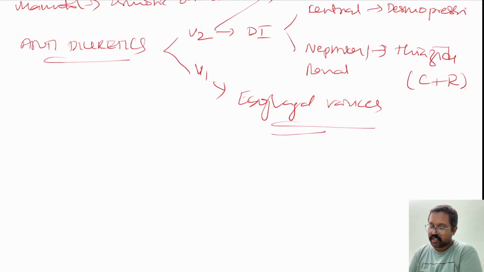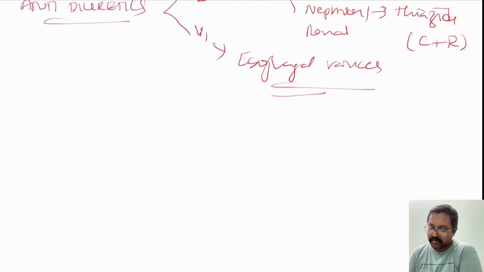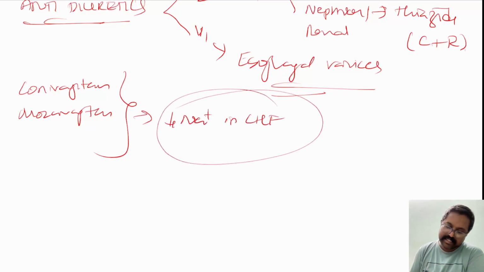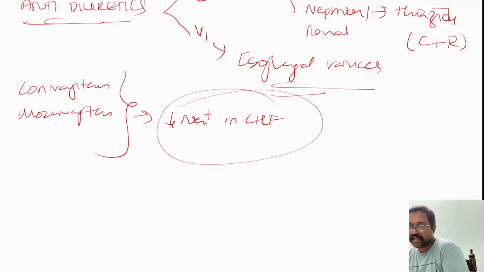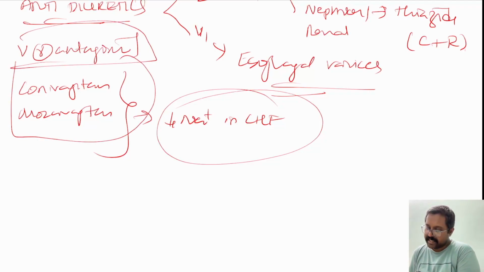Apart from that, you have drugs which can block the antidiuretic action, like conivaptan, tolvaptan, etc. Basically, they are used to treat hyponatremia in CHF. They are vasopressin receptor antagonists.